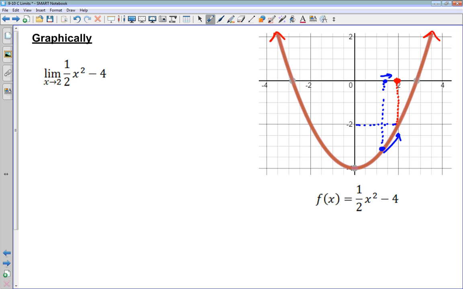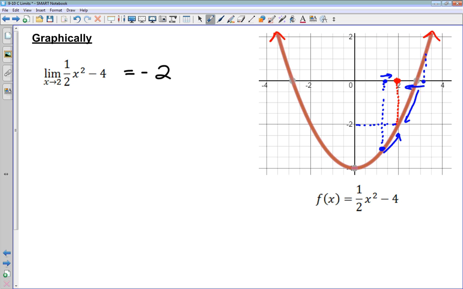-2. Now, to make sure of this, we should think about what happens if we approach from the other side. If we pick a value of x that was larger, we would start up here, and as we move this x value closer and closer along this curve, we're again tending closer and closer to the value of -2.